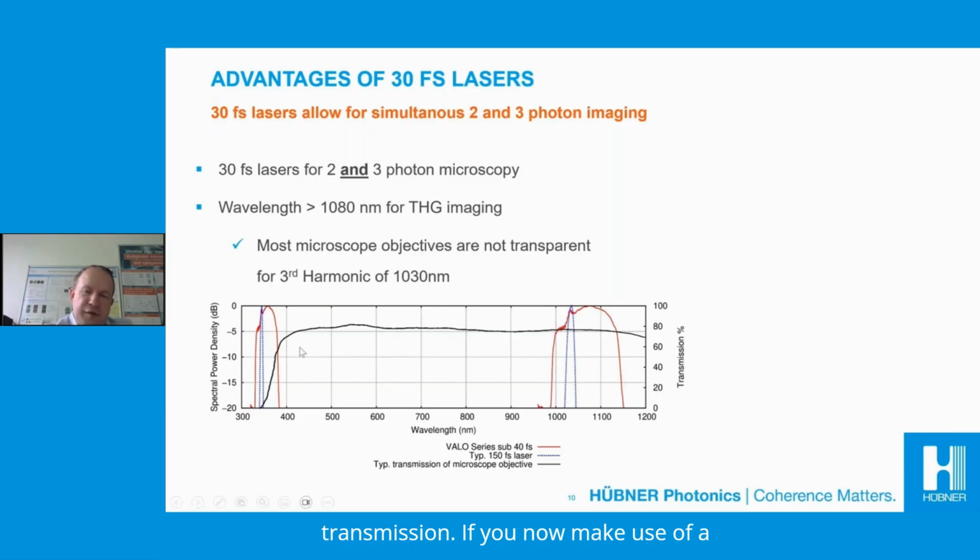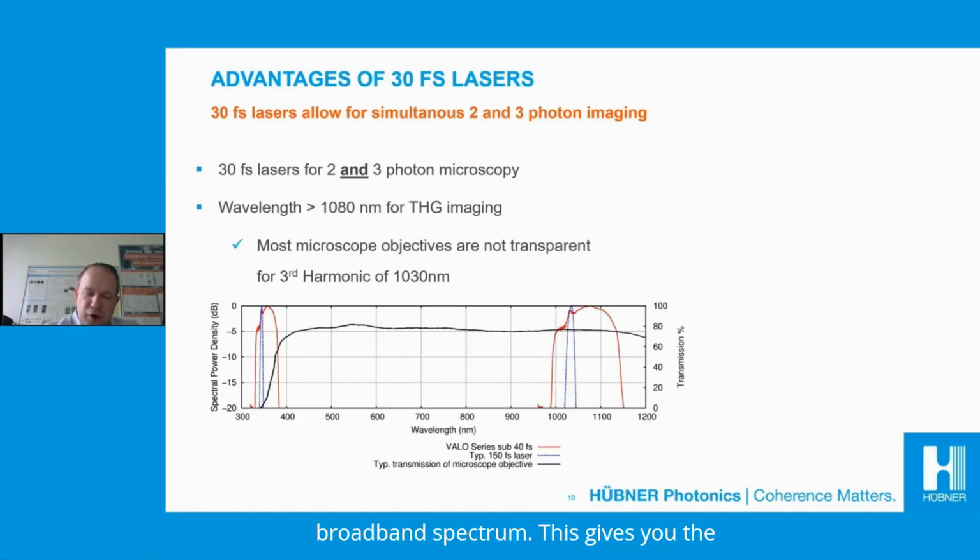If you now make use of a very broadband pulse, you see that the spectrum goes up to 1140 nanometers, and you do frequency tripling, you see that there's a significant part which can be transmitted by the optical microscope.